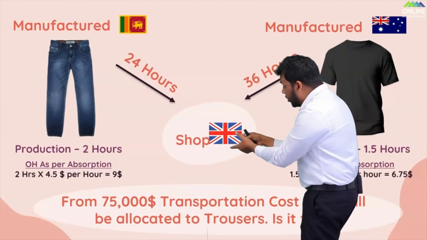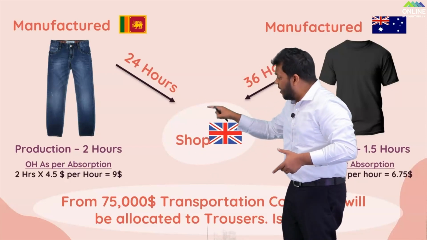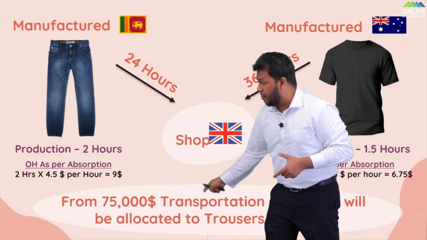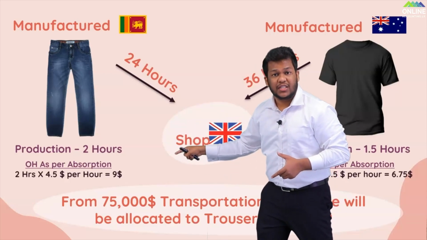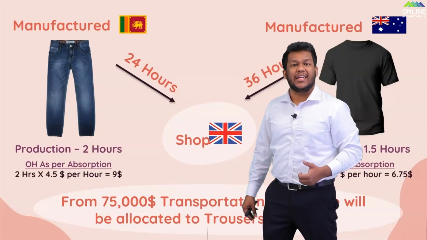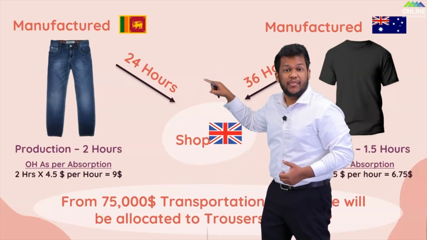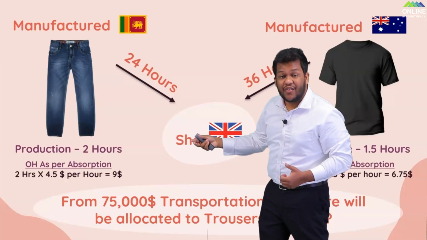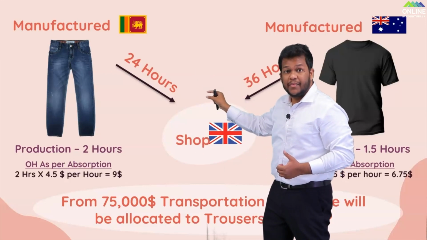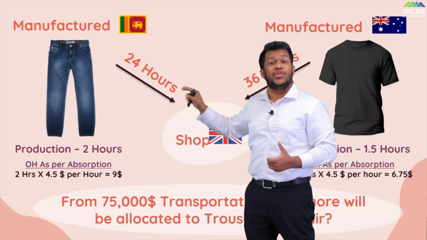Your transportation cost is $75,000. Now, when you are allocating this $75,000 also based on the labor hours, is it okay? No. Why? Because transportation cost will change based on the location, based on the number of hours that you need to spend.